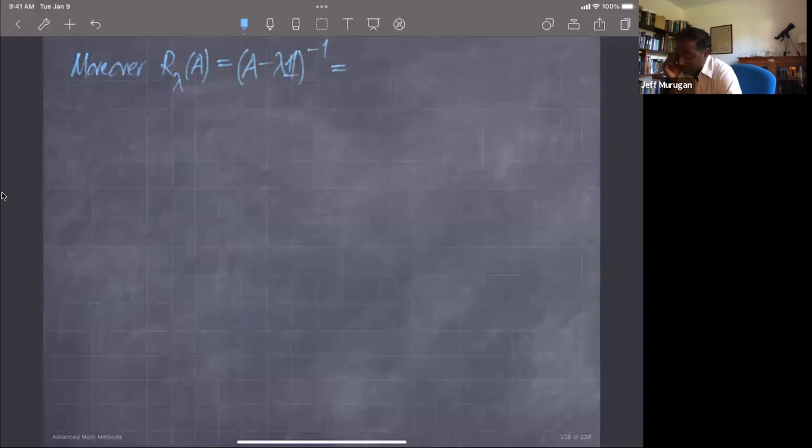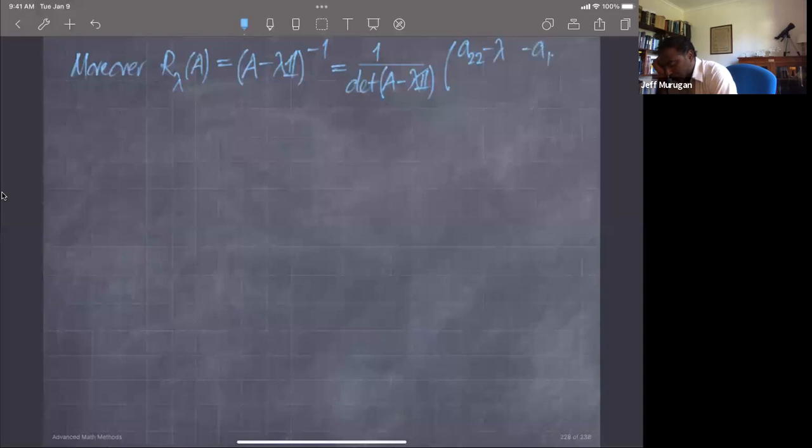And this is just 1 over the determinant of A minus lambda times the identity, from what I learned in first year already, times the matrix A22 minus lambda, minus A12, minus A12 complex conjugate, A11 minus lambda, which we can then write in terms of the roots of the characteristic equation as follows.